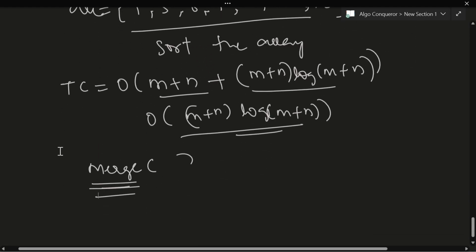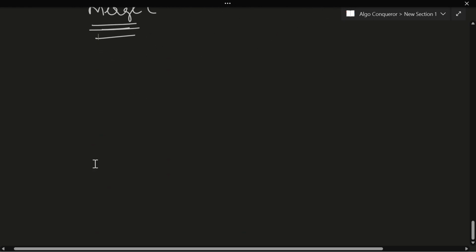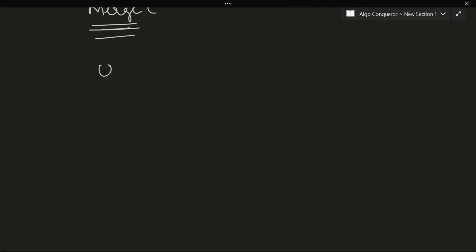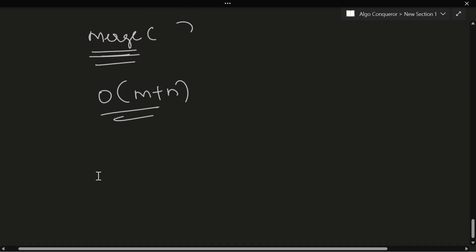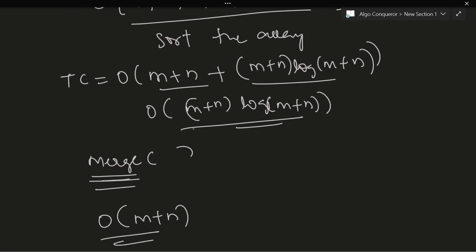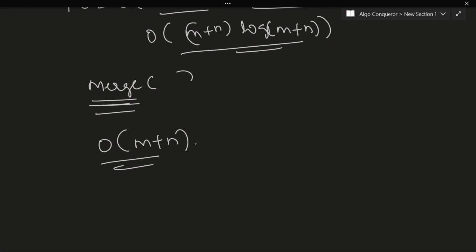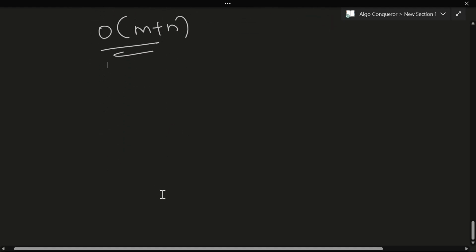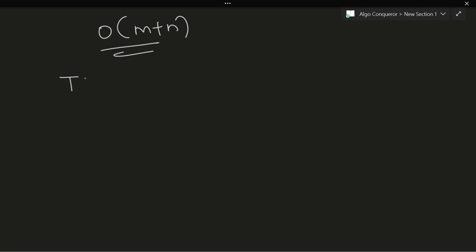So let's discuss that approach now, whose time complexity will be big O of m plus n. So you see the difference? M plus n log m plus n would be the brute force time complexity. We are going to optimize it to big O of m plus n using the most famous technique called two-pointer.